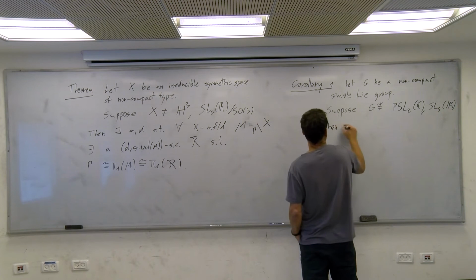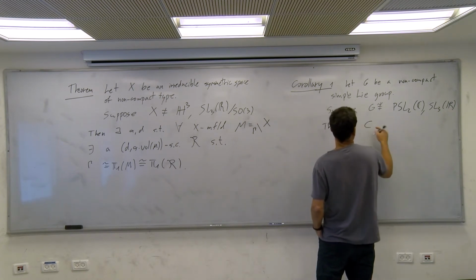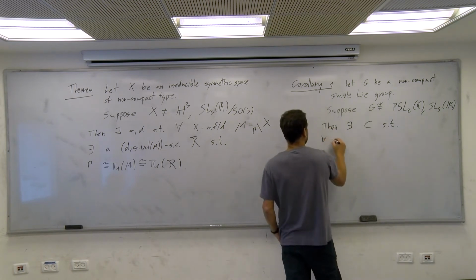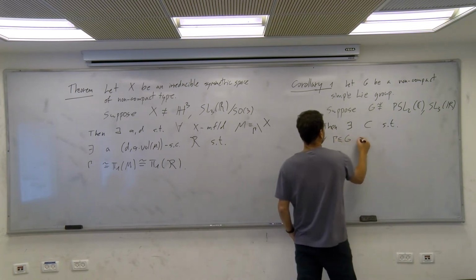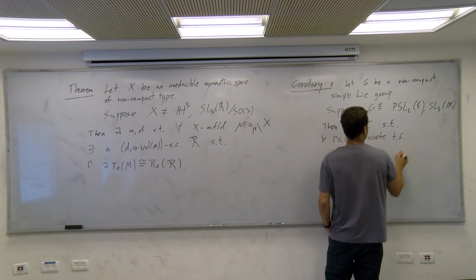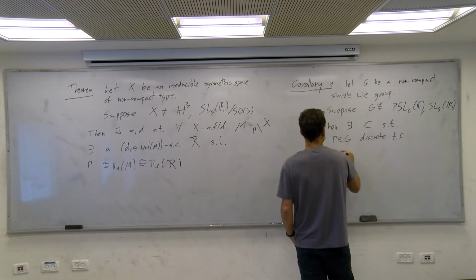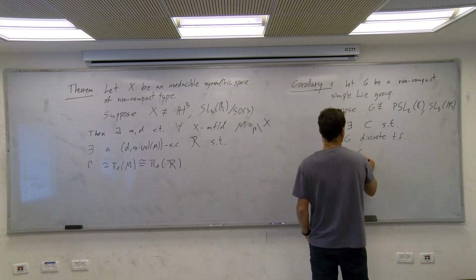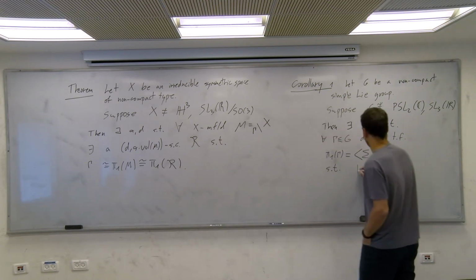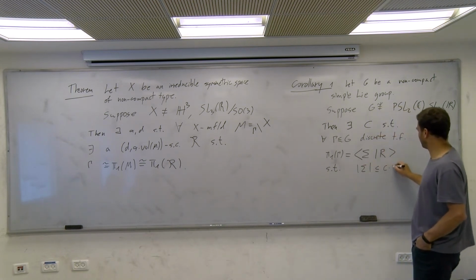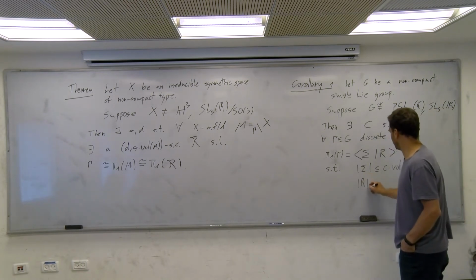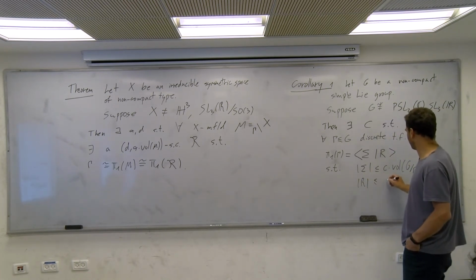Then there is a constant C such that for any gamma inside G discrete, torsion free, pi 1 of gamma admits a presentation sigma R such that the number of relations is bounded by C times volume G mod gamma, and the number of generators and the number of relations is also bounded.